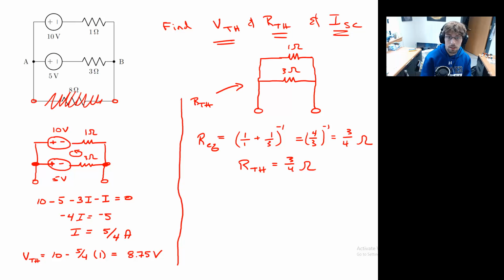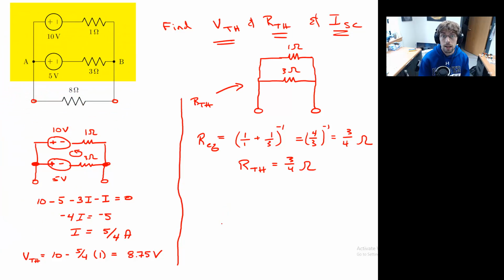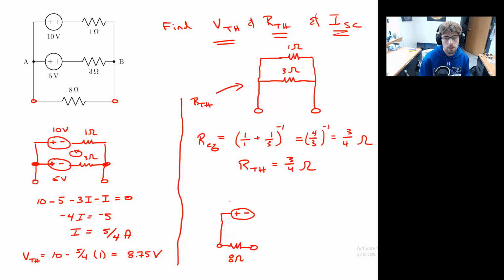Okay. So what does this mean? And we'll go back to the short circuit current in a moment. What does this mean? I can take this circuit and I can reduce it down to my load resistor, 8 ohms, in series, I had to think about that, with a potential source of 8.75 volts and a resistor of 3/4 of an ohm.